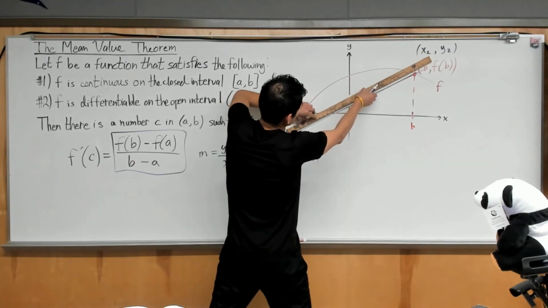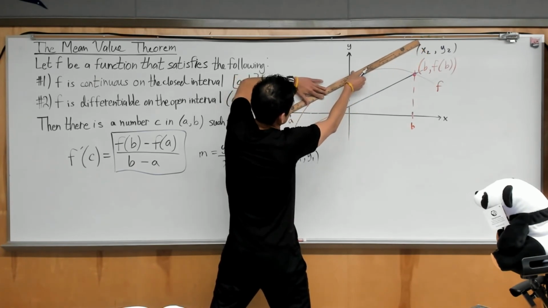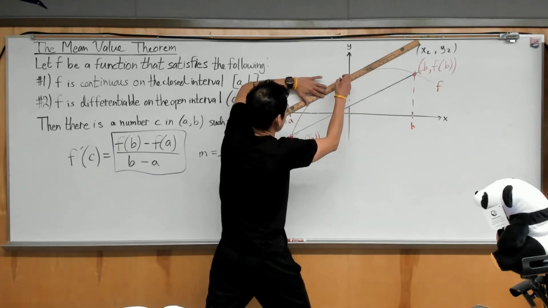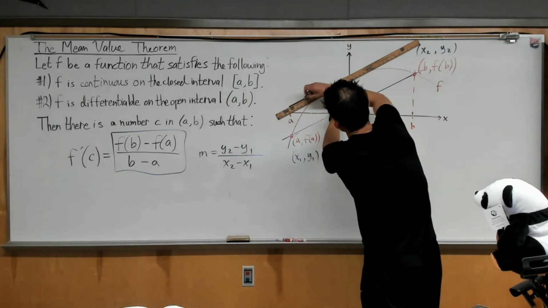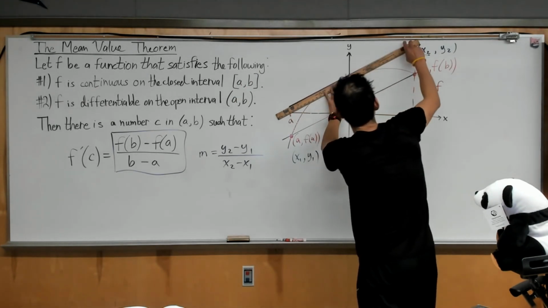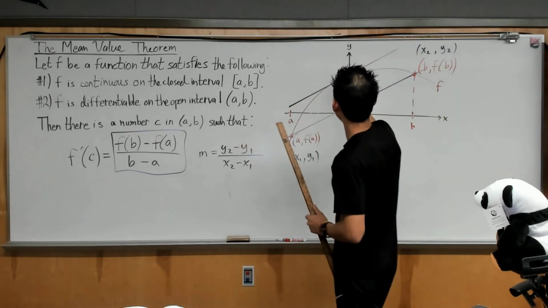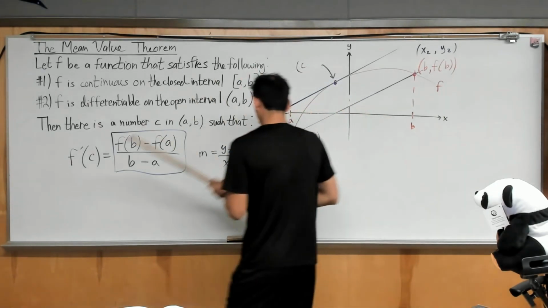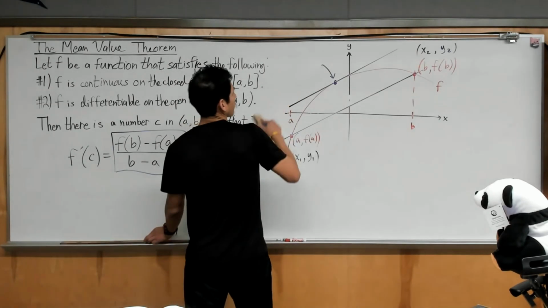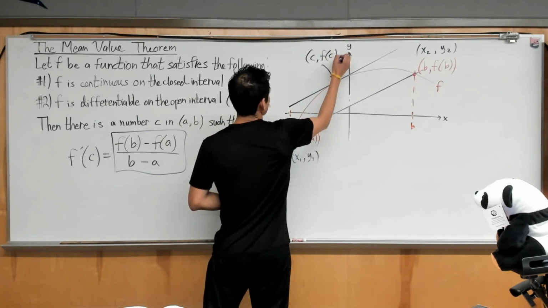I'm going to try to go out, keeping this parallel, using my ruler. See, right about there. Let me see if I can hold this straight. Come on, here we go. So there's a point right here. We call that c. This point here is going to be c, f of c.